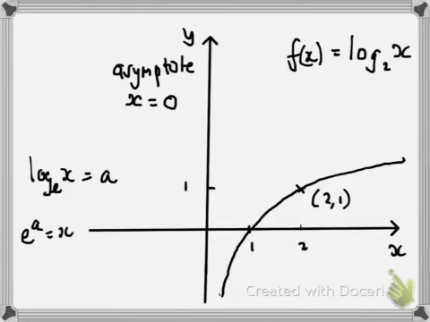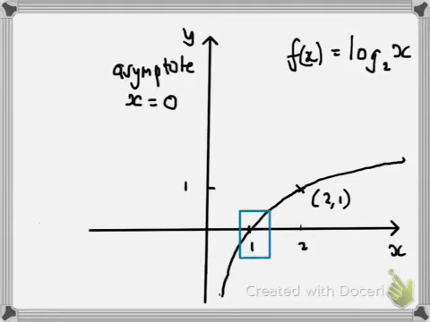Alright, so let's start simply with the graph of log x to the base 2. So I've drawn it here. You can see there's a couple of points that I've placed in here. One crucial point here is (1, 0), and that's because if you look at putting x there and replacing it with 1, we would get log 1 to the base 2, and we know that log 1 to the base anything is always 0.